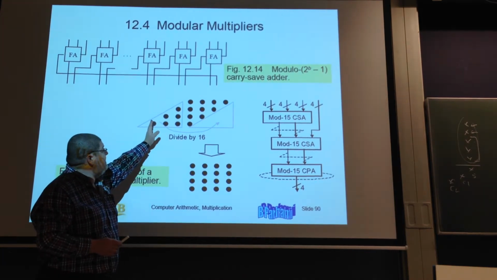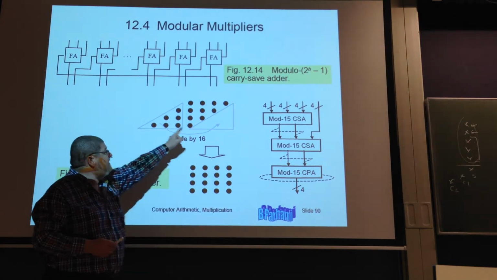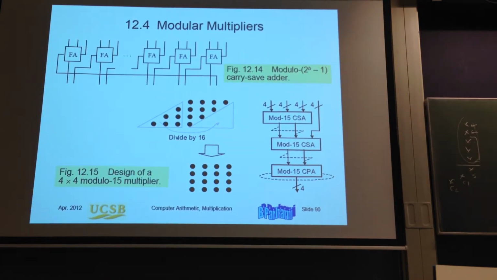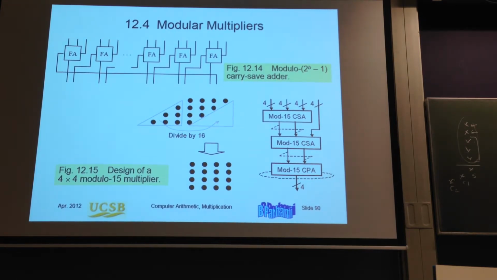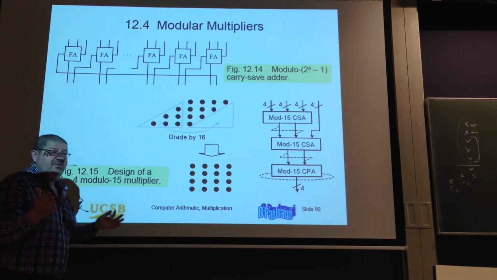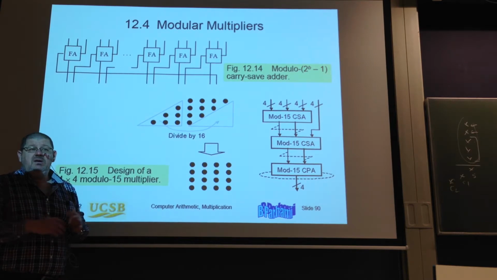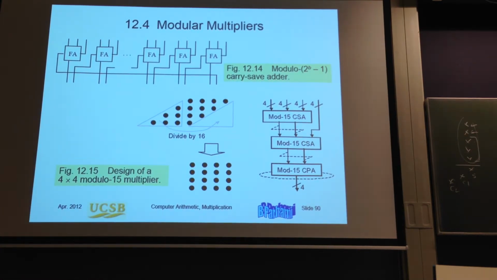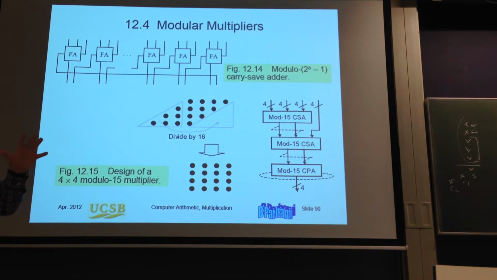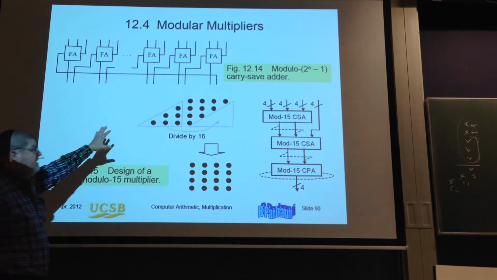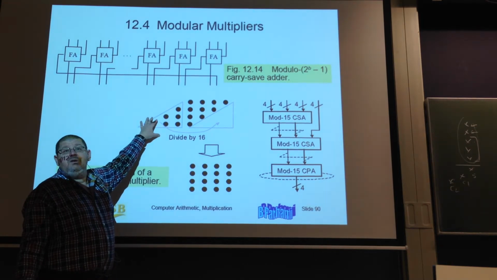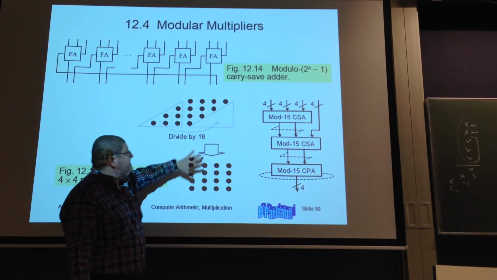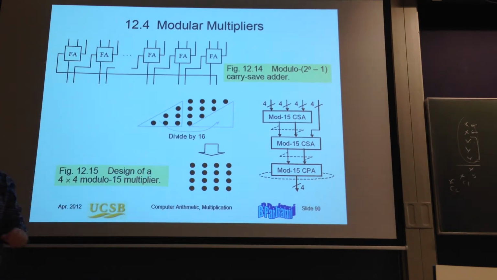This is 64; 64 modulo 15 is 4. Then my matrix became nicely rectangular, and I preserved the value because I did modulo calculations on the partial products with zero effort. Then just by considering those in the right place, I'm in business.